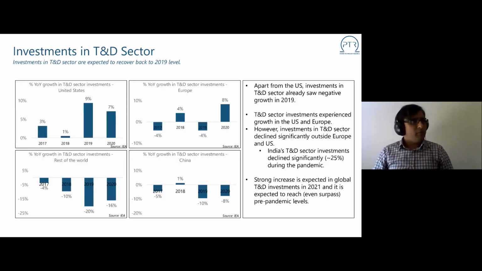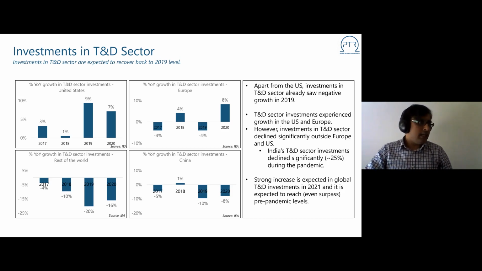We'll see from an overall investment perspective how many investments were flowing into the T&D sector, and which regions and countries had the most amount of impact going into 2020 because of COVID. It's important to mention that overall in the T&D sector, the amount of investments coming into many countries declined even in 2019.